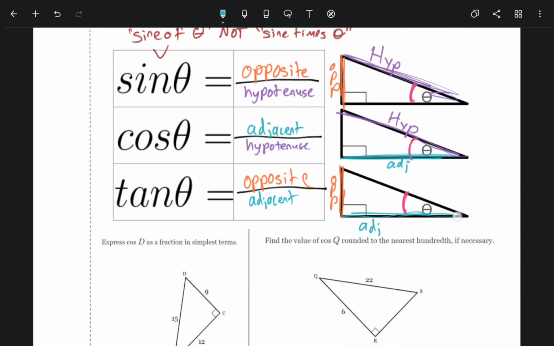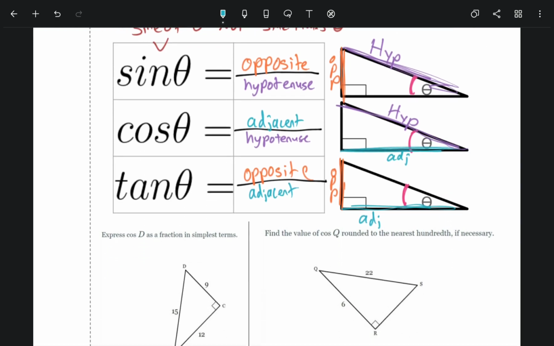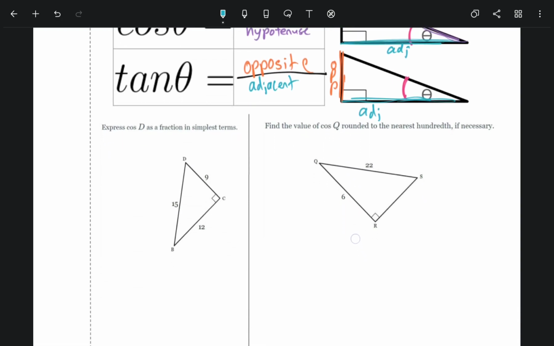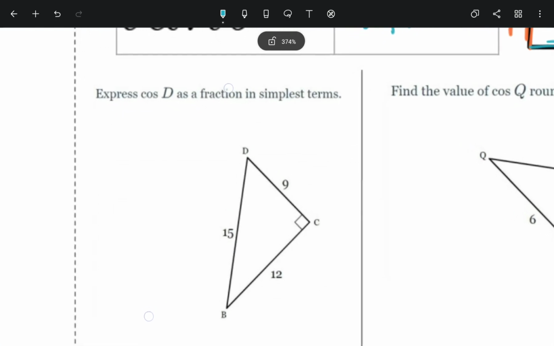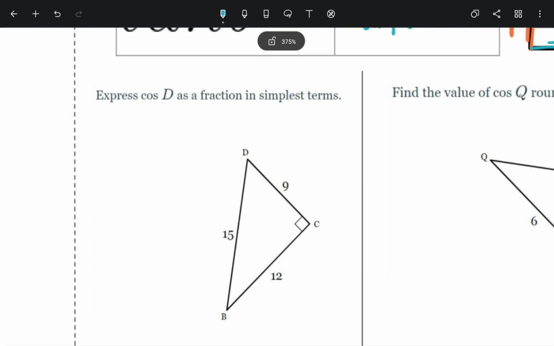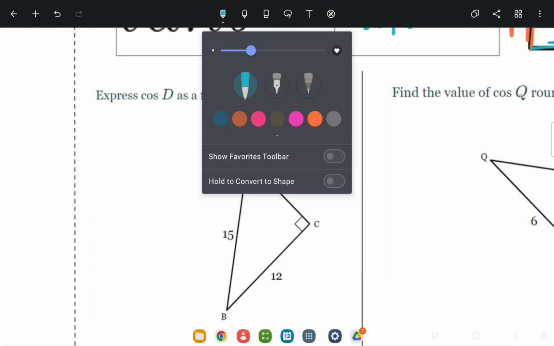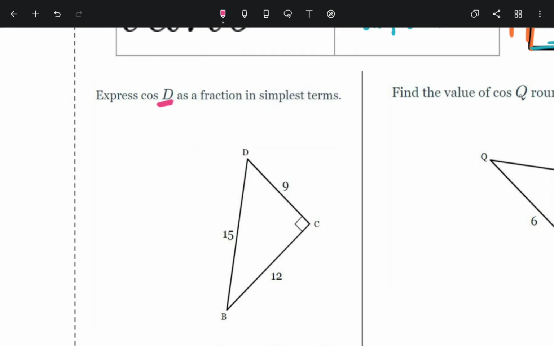Now we're going to look at a couple examples of expressing these ratios. So this first example here, we want to express cosine D right here as a fraction in simplest terms. So this is our reference angle, and I've marked that in our triangle here.